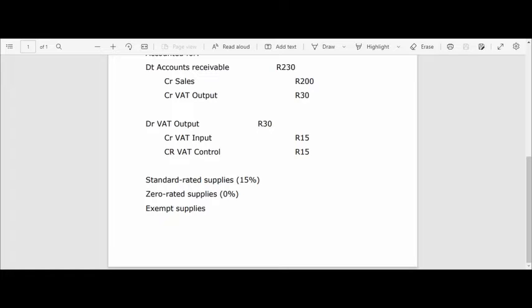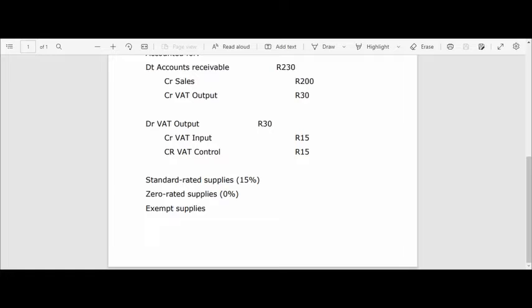So then when you are going to record this transaction, if you go to the module within Sage 1 Accounting or within Pastel or within QuickBooks, where you are going to record your purchase and you have set it as a standard rated supply, and obviously you would have initially said the standard rate currently prevailing is 15%. So you set up your set of electronic accounts beforehand.